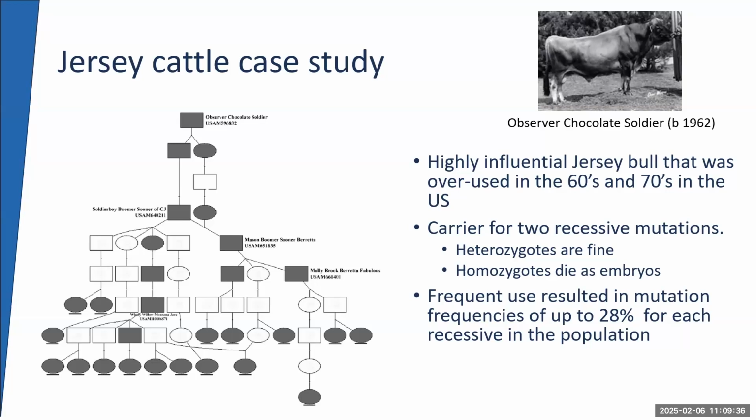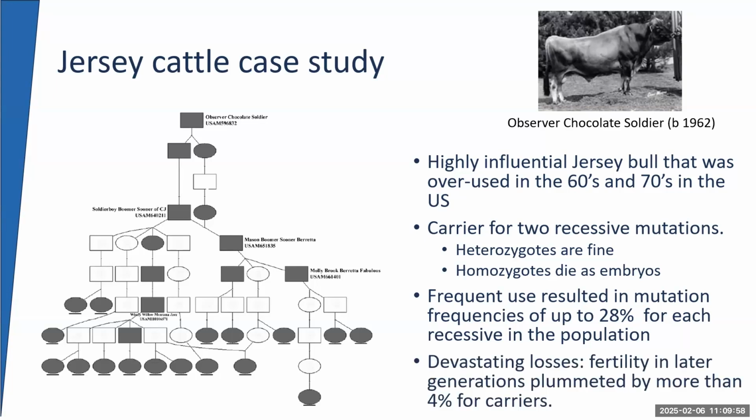Because of the production traits that Observer Chocolate Soldier gave to his progeny, he was used quite frequently, or his resultant children, and this ended up increasing the frequency for those recessive alleles up to about 20% in the Jersey population at one time. This resulted in devastating losses for the breed, with the frequency of fertility dropping by 40% for carriers in that breeding program.